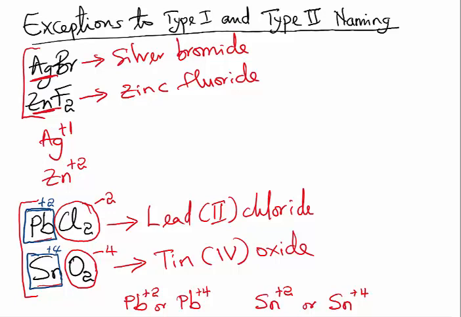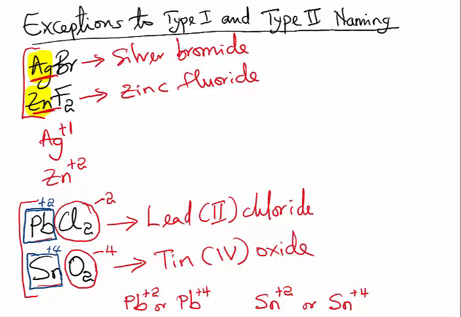So anytime you see these 2 elements, silver and zinc, although they are transition metals, please do not name their compounds like we name other transition metal compounds.